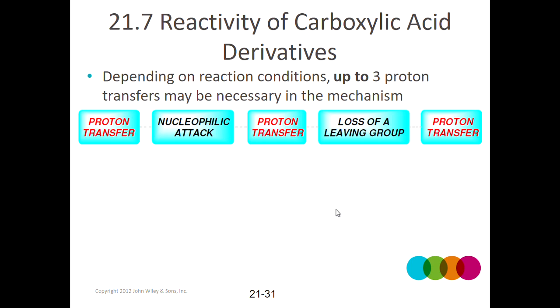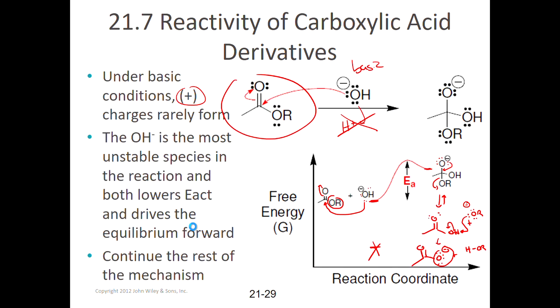So a couple points about these mechanisms. A lot of times there are proton transfers involved. Just to point out this mechanism here, it was relatively straightforward. The minimum number of steps is going to be 2 in any nucleophilic substitution on a carbonyl carbon, right?